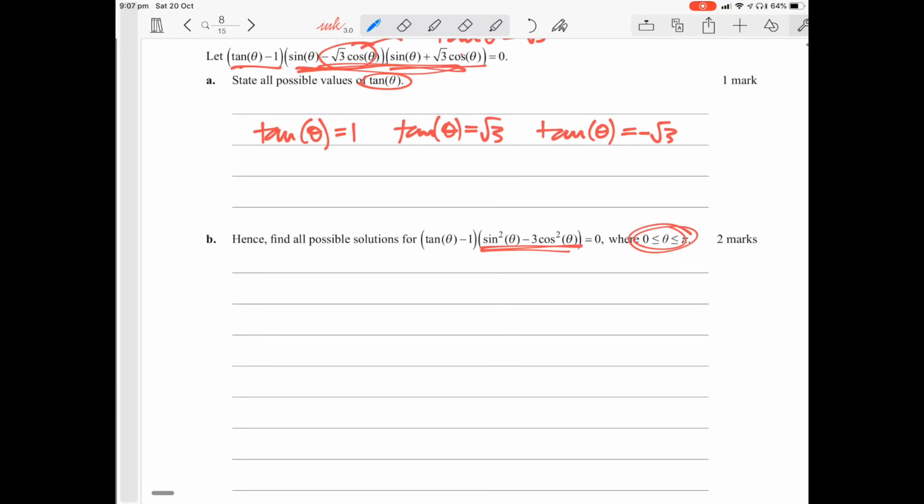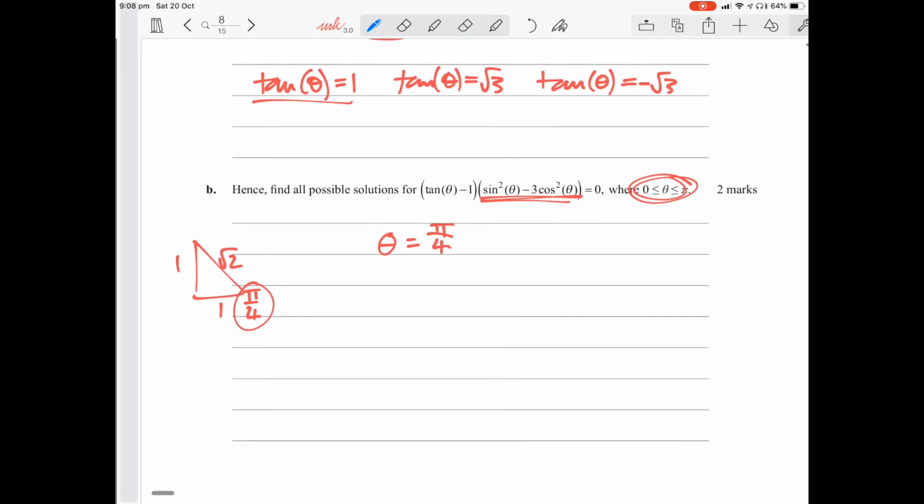So, okay, if tan theta equals 1, that special triangle is 1, 1, root 2 and pi on 4. So it's only positive in the first quadrant, so theta will equal pi on 4. Next, if we've got tan theta equals root 3, so 1, 2, root 3, it's got to equal pi on 3, because opposite over adjacent.